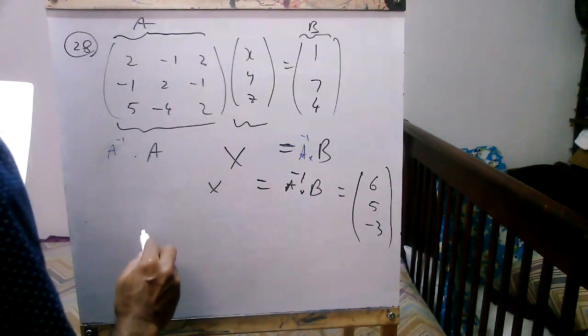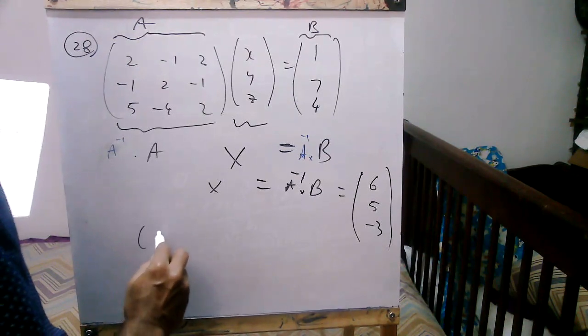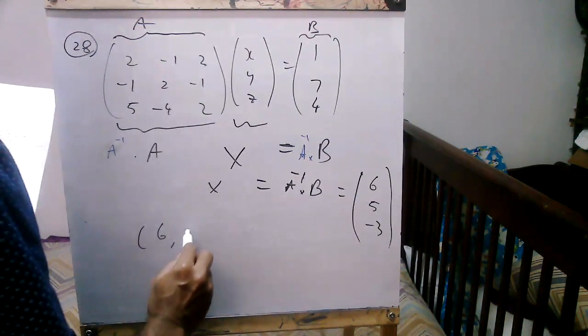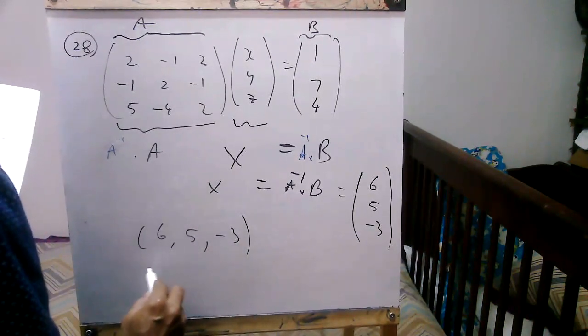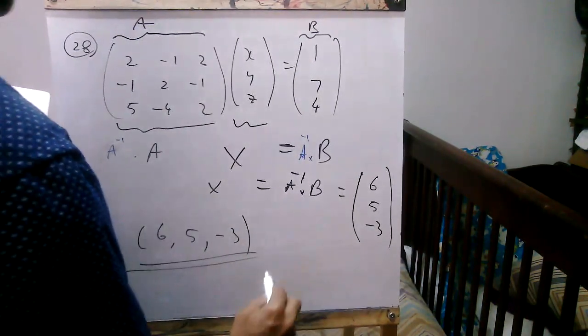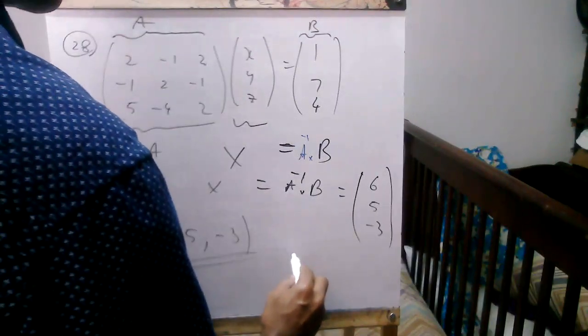That means your x, y, z is 6, 5, negative 3. This is the final answer, and this is answer choice C.